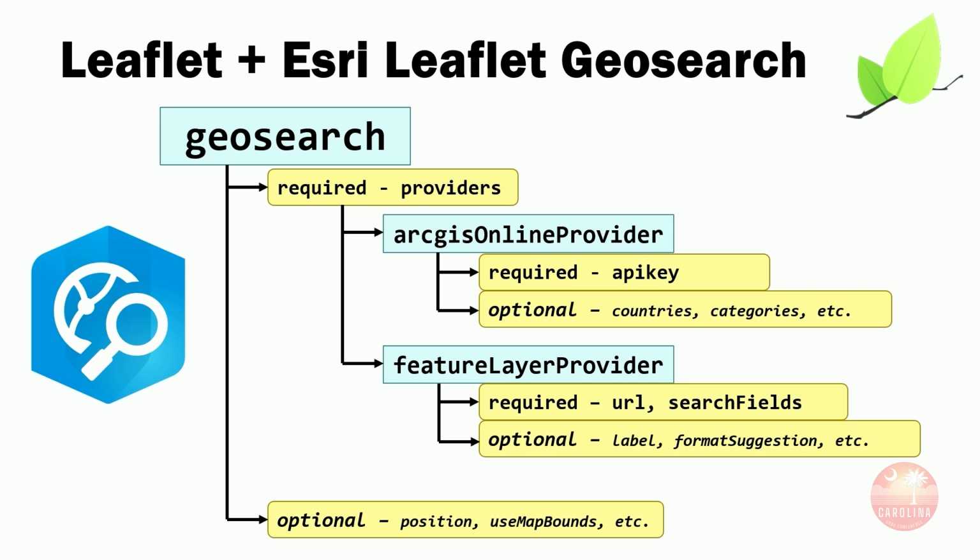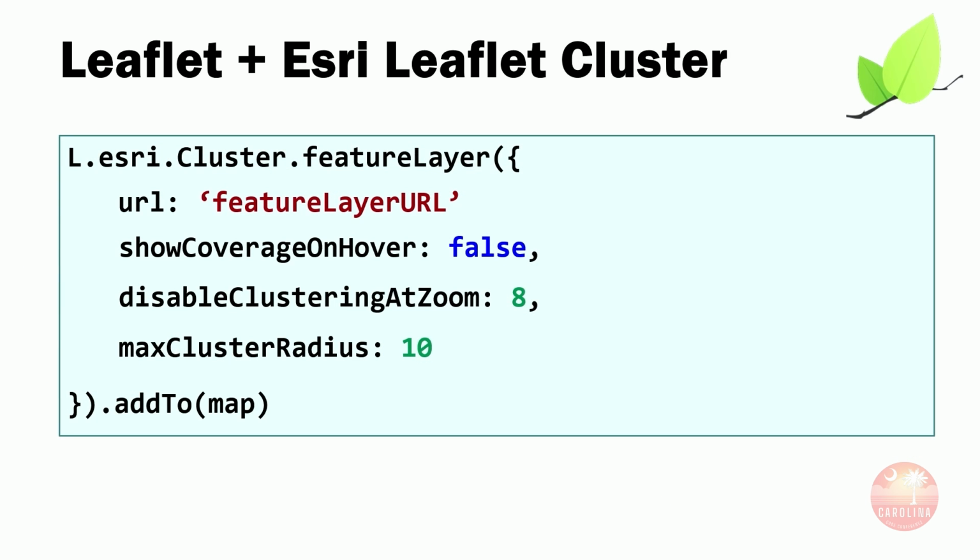Again, you can find the link on the repo. And then the clustering, the feature layer. I didn't actually show these other parameters, but there's plenty of information online that you can read about, like disable clustering at zoom level. So if you go into a zoom level of 8 or higher, it will no longer cluster them. Essentially, that's the kind of thing.